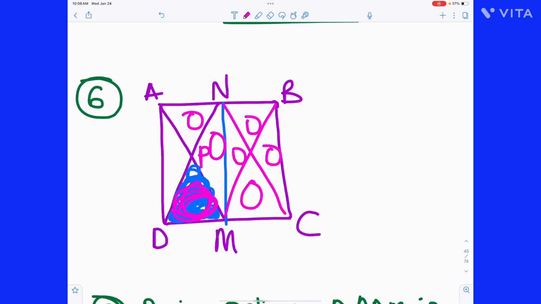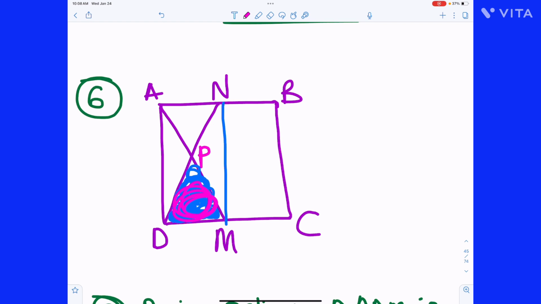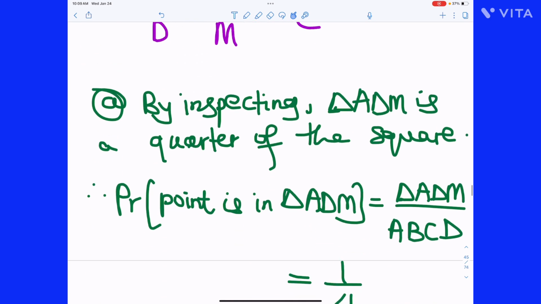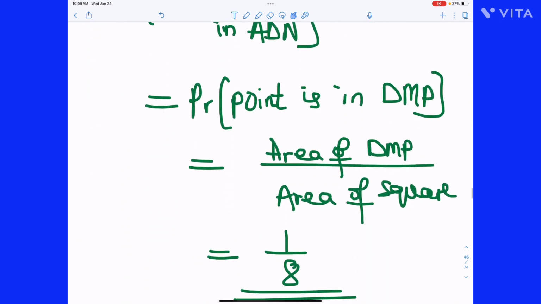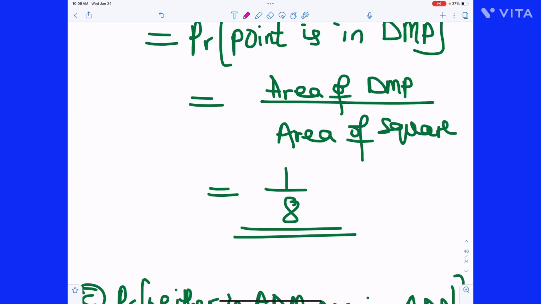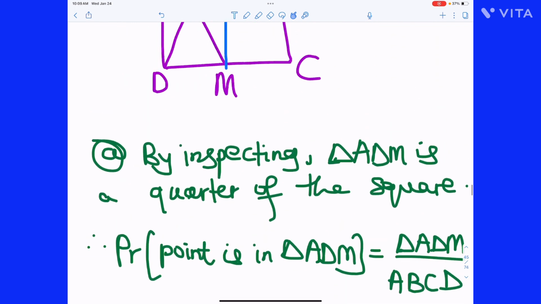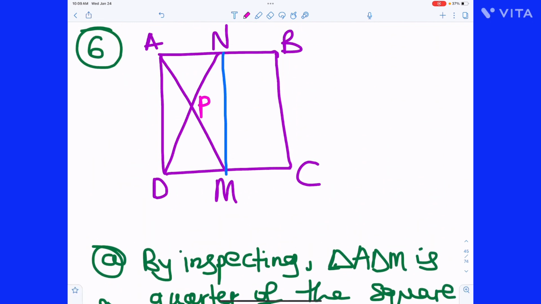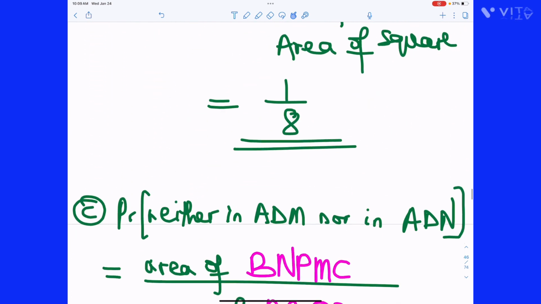So altogether there are 8 portions, and we're only talking about one section out of the 8. So the probability that the point is in ADM but not in ADN is the area of DMP over the area of the whole square. This is DMP here. The area of that portion over the area of the whole square is 1/8.